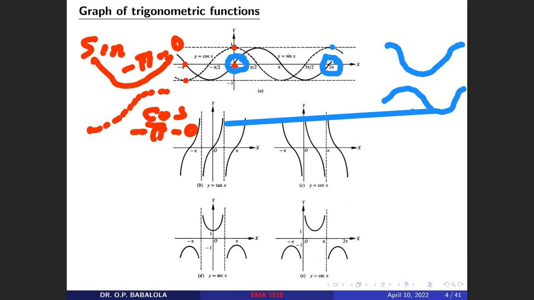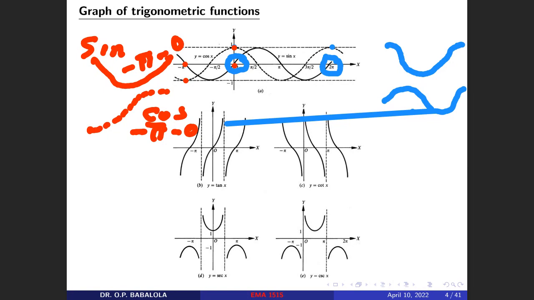Okay, so I'm just trying to make you see how to represent your graph, and you need to pay attention to the range at which you're told to draw your graph. If I've indicated that you draw your graph from minus pi to pi, please pay attention to that and make sure you represent that function within that range in your graph, okay? That's why I'm trying to emphasize this.